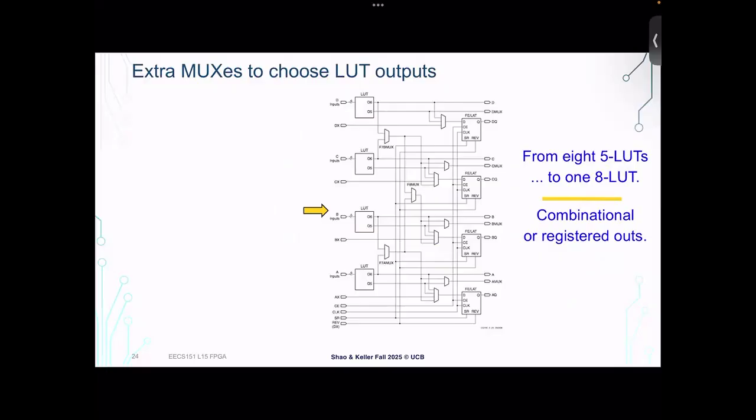So now we can have a single 8-input lookup table, or we can program it as 2 7-input lookup tables, or 4 6-input lookup tables, or 8 5-input lookup tables, right? The name of the game here is configurability. They're trying to build the FPGAs in the way that there's maximum flexibility to program different logic functions into these blocks.